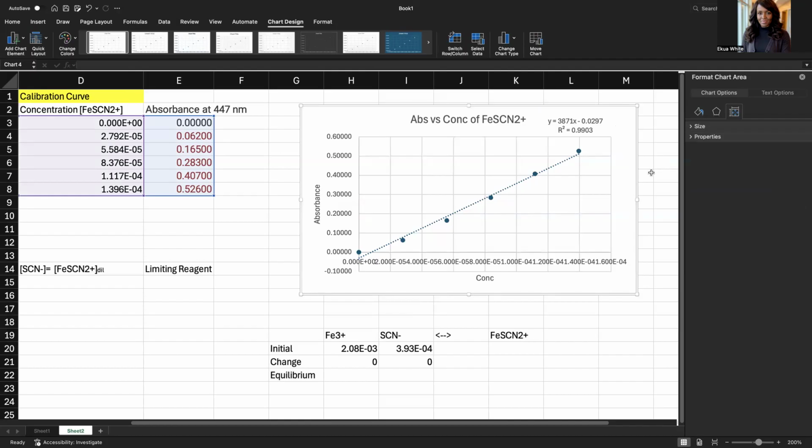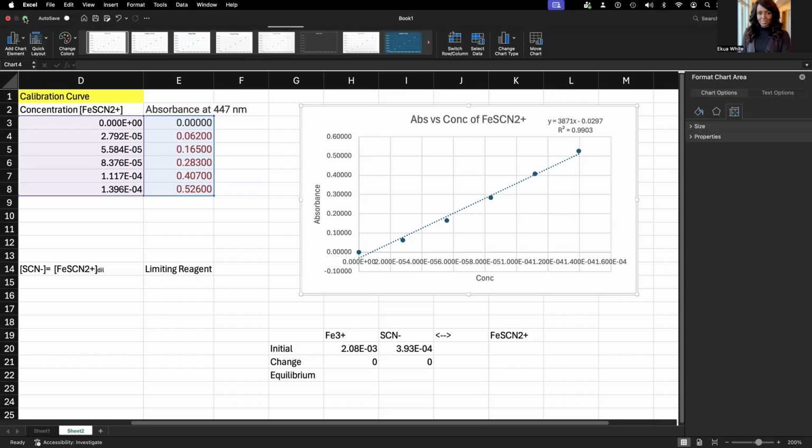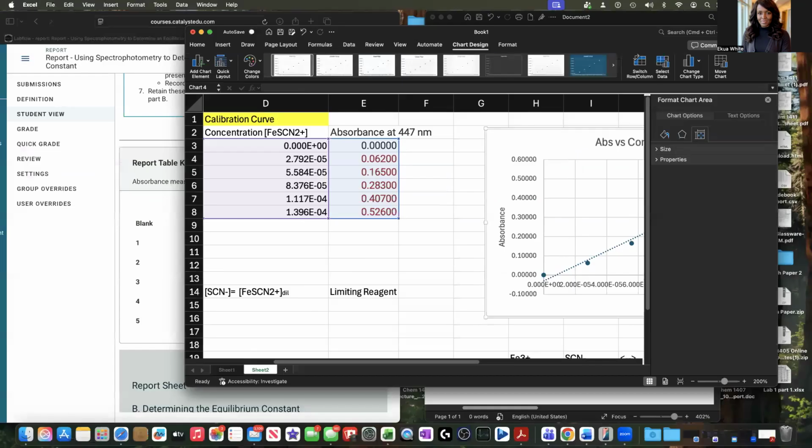The equation is y equals 3871x minus 0.0297, and my R squared is equal to 0.9903. So let's put a pin on this and we'll come back to it.